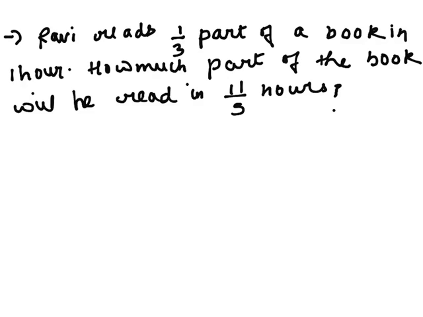In this question we are given that Ravi reads 1/3 part of the book in 1 hour, and we have to find out how much of the book he will read in 11/5 hours. In an hour he reads 1/3 part, and we have to find out for 11/5 hours.